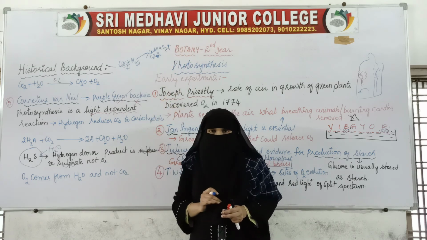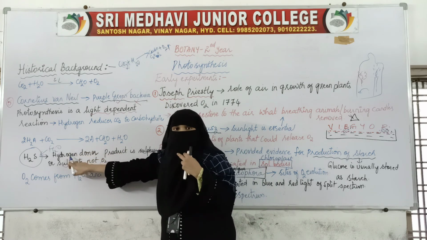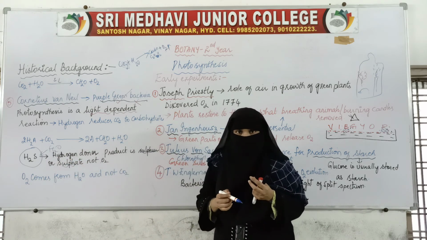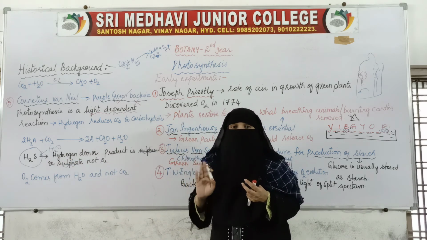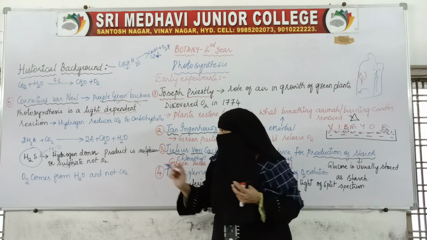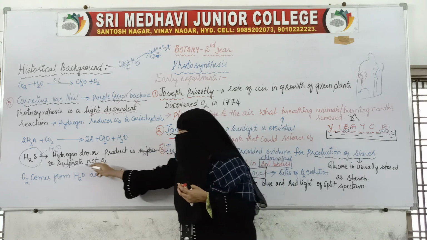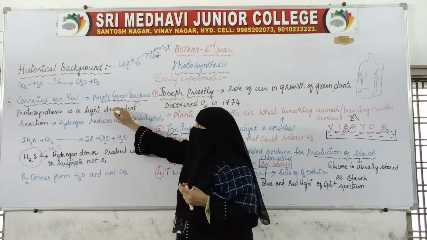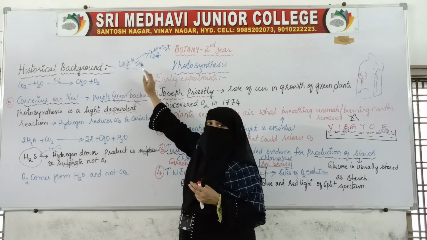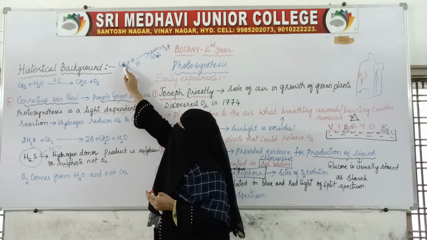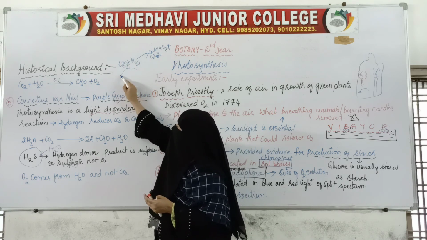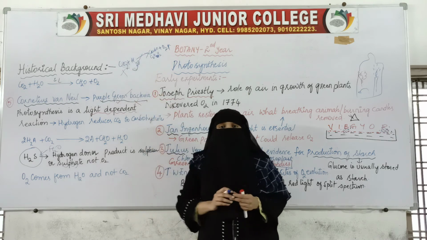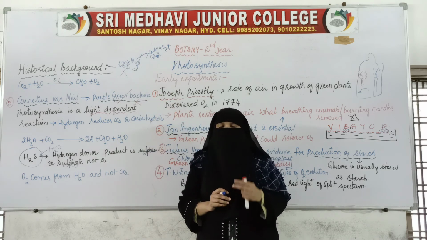Now these organisms which take hydrogen sulfide as the hydrogen source are not releasing oxygen, they are releasing sulfur or sulfate. So the oxygen which is evolved is not from the carbon dioxide, it is from the water.